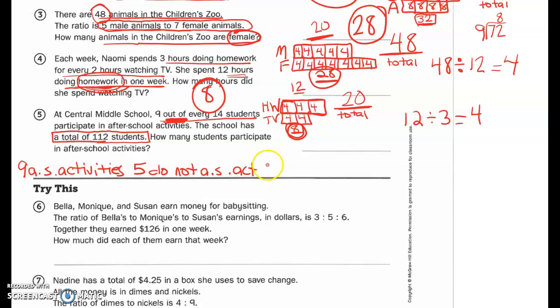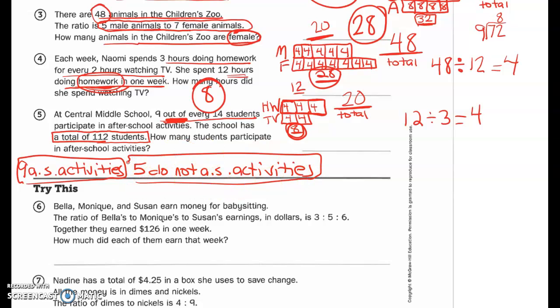So when we get ready to draw our tape diagram, we're not going to draw 9 boxes and 14 boxes. We need to draw 9 boxes for the people that do after-school activities and 5 for the people that do not do after-school activities. So I'm going to erase this to get it out of my way, and then we'll draw 9 and 5.